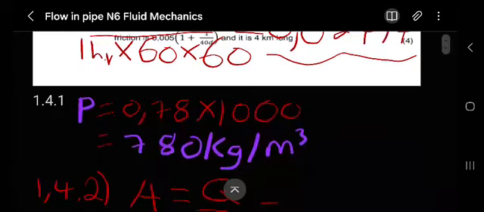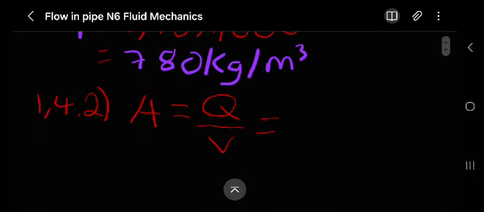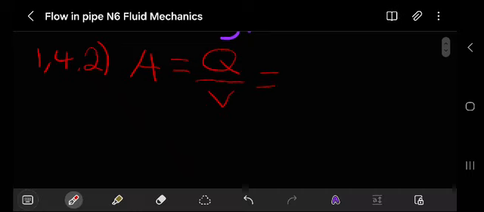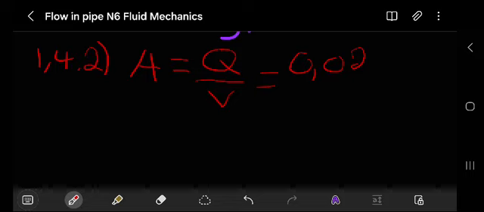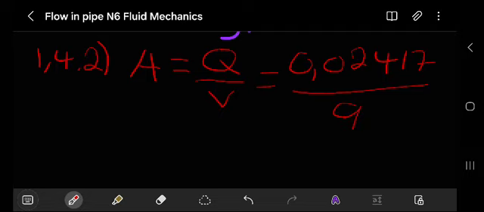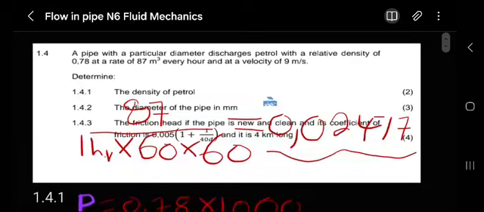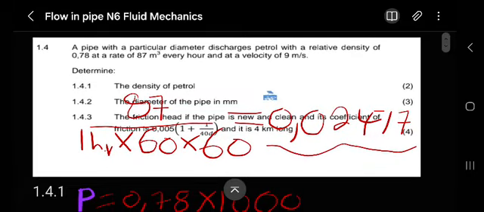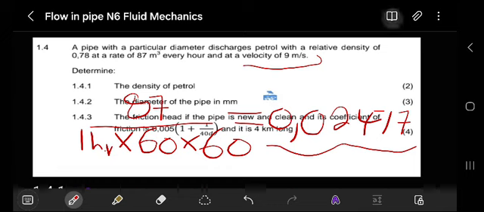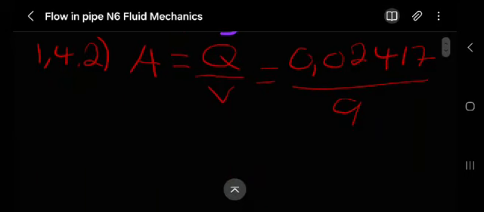So we divide our Q, 0.02417, by the velocity we were given, which is 9 meters per second.